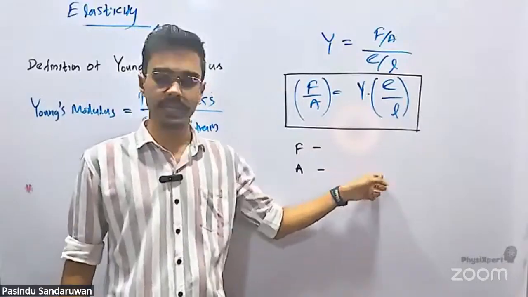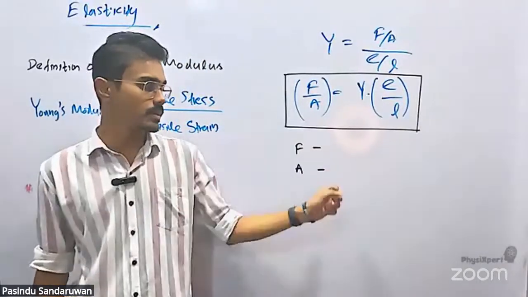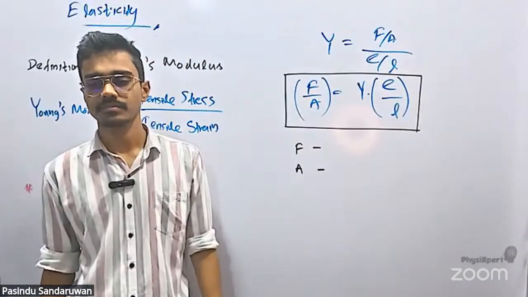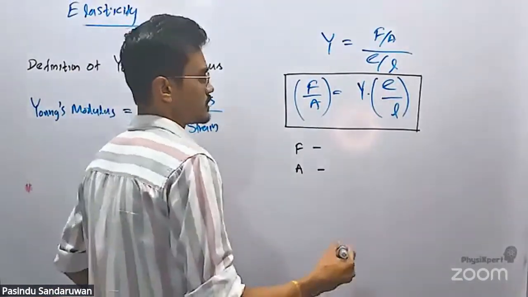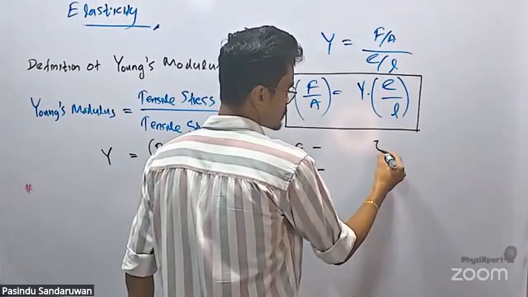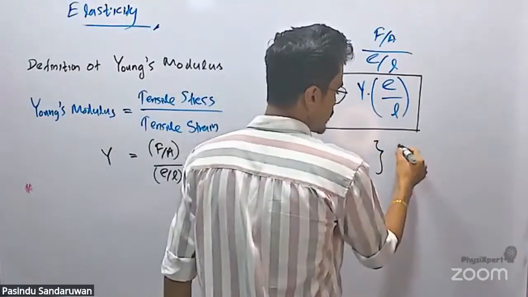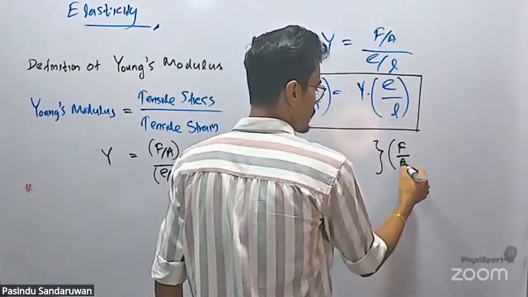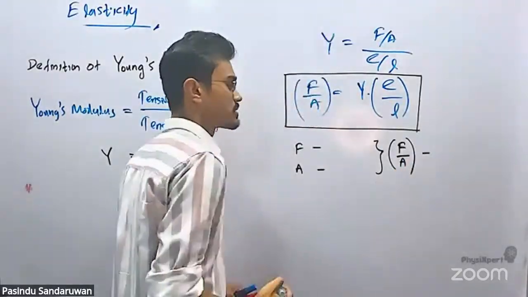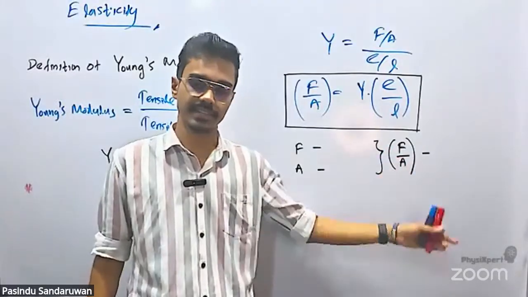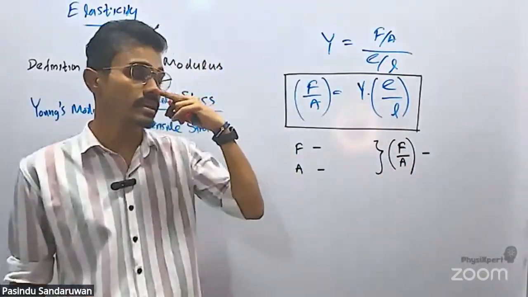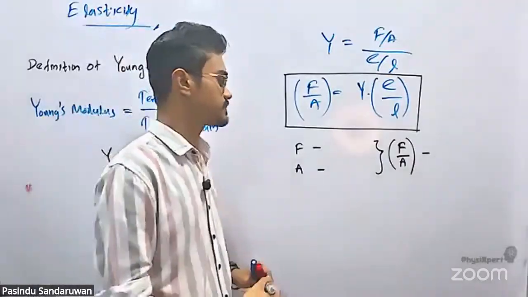A, perpendicular area. Put a curly bracket for these two. And for F over A, introduce a single term: tensile stress.